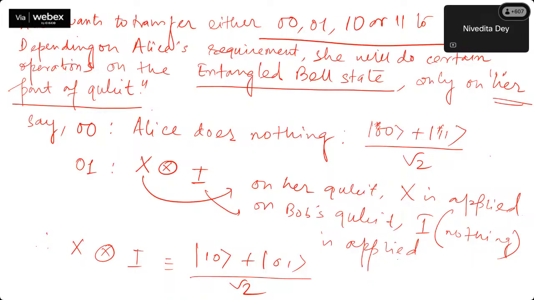Next, if Alice wants to send 10, then the operation is Y tensor I. Now let us calculate what this is. Sigma Y is basically [0, minus i; i, 0]. This is the Pauli Y matrix, right? Because of this i, we will introduce another i over here, so it's iY tensor I. So what will be i into sigma Y?